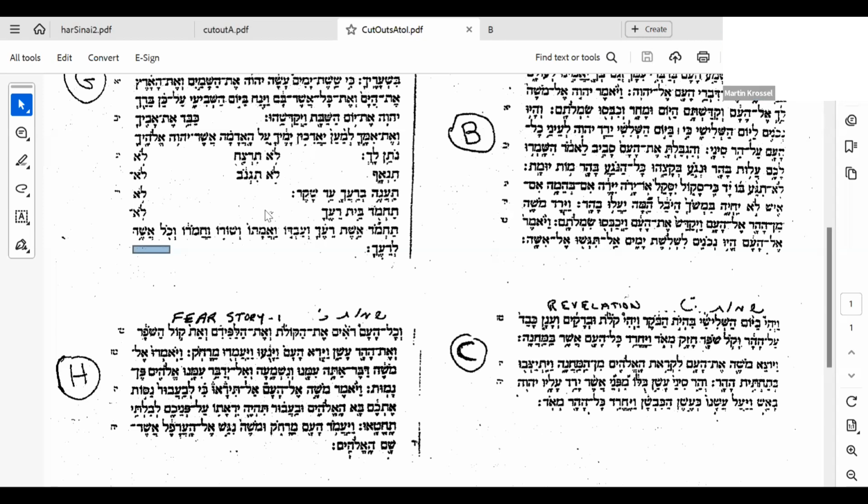Just one point of clarification. We take Ramban's opinion that, if I hear you, he's saying that they didn't hear the first 2 directly. Exactly.